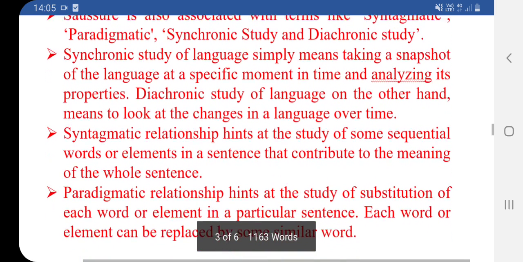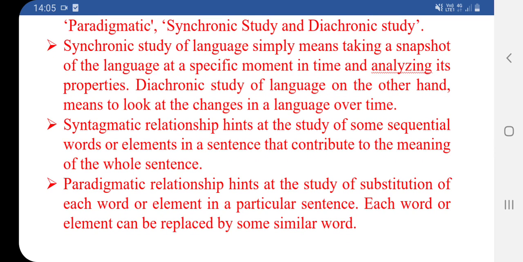And the next term is syntagmatic relationship. Now what is syntagmatic relationship? Syntagmatic relationship hints at the study of sequential words or elements in a sentence that contribute to the meaning of the whole sentence. It is the relationship present between the words that form a sentence, and it can be described through an example.